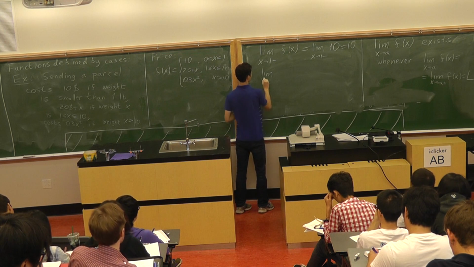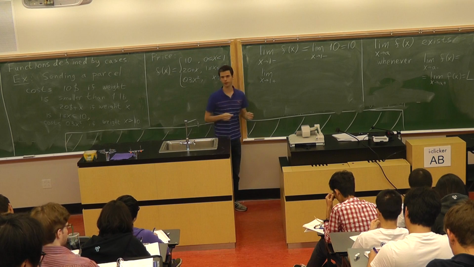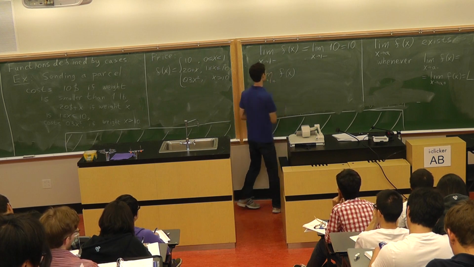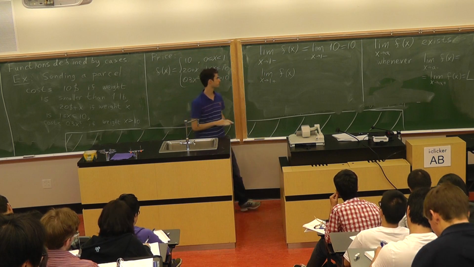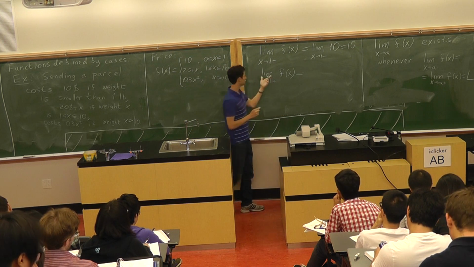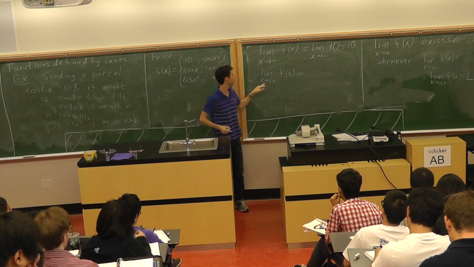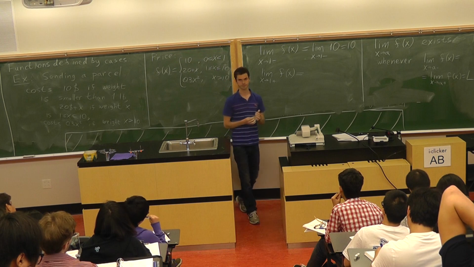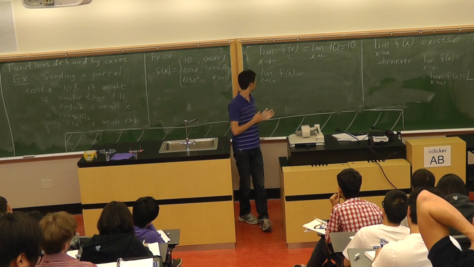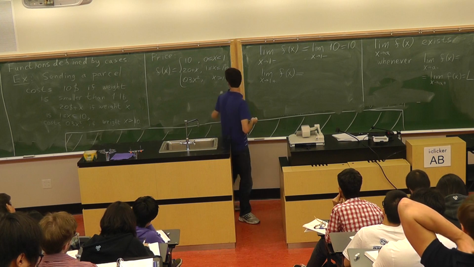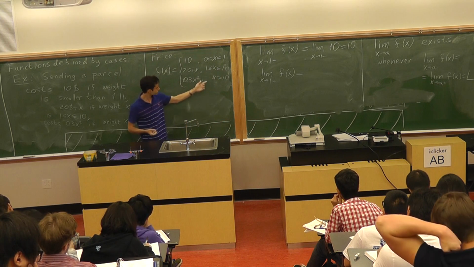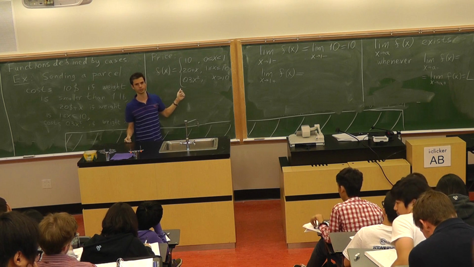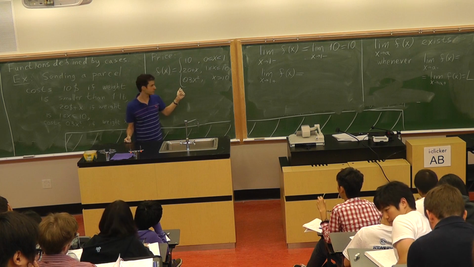Okay, next part. What if I know that my parcel weighs more than 1 pound, but still close to 1 pound? How much would I pay? So the question is, I want to find the limit as x tends to 1 from the right. Well, in this case, which one of these formulas would I use? The second one, right.